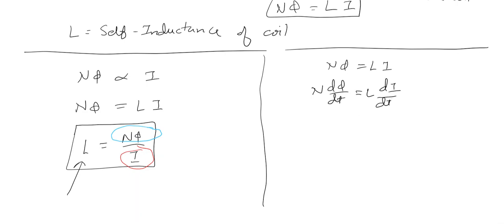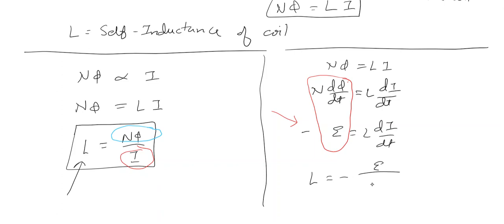And then I can say that it is minus epsilon is equal to L di by dt, because we know that according to Faraday's law, rate of change in flux is self-induced EMF, and this negative sign is consequence of Lenz's law. So now if I make L subject of formula, what do I get? L is equal to epsilon upon di by dt. What is epsilon?